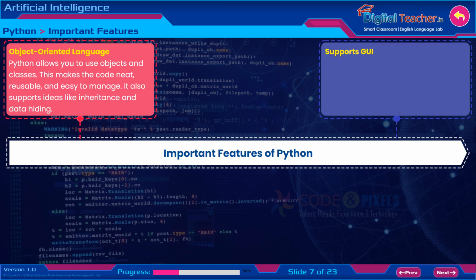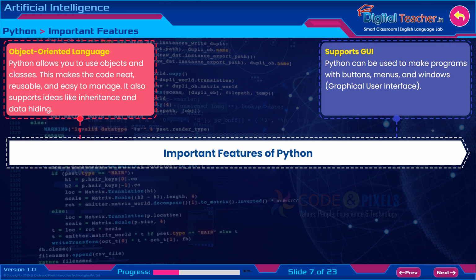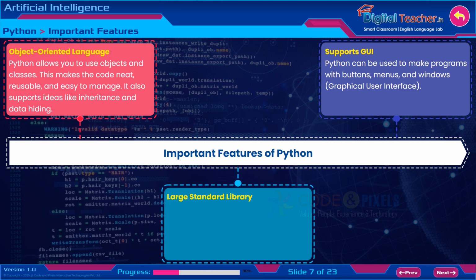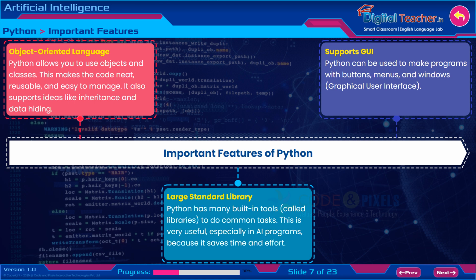Supports GUI. Python can be used to make programs with buttons, menus, and windows. Large standard library. Python has many built-in tools to do common tasks. This is very useful, especially in AI programs, because it saves time and effort.